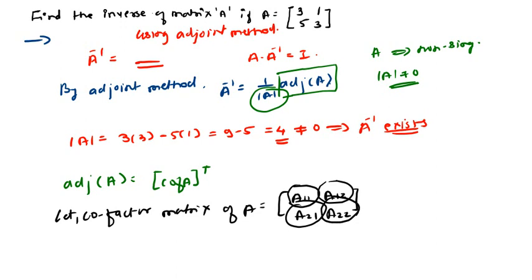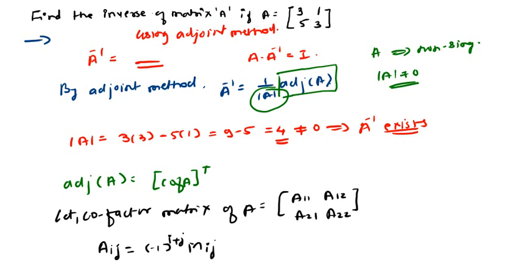In the previous lecture we have seen how to find the cofactor of every element. The cofactor of every element can be found using this formula: Aij is equal to minus 1 raised to i plus j into Mij. So I can find every element.